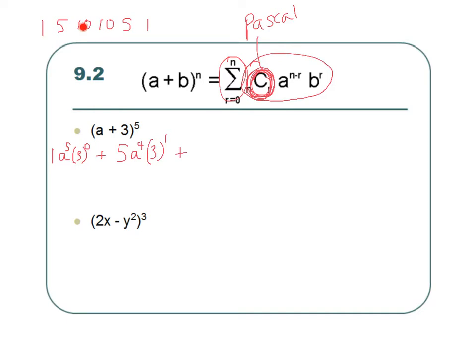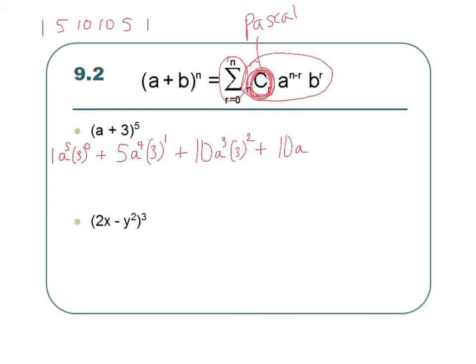The next Pascal number is a 10. My a is going to work its way down, so it's to the 3rd. My b value, which is 3, is going to work its way up. Plus, the next Pascal number is another 10. So I'll have a 10.